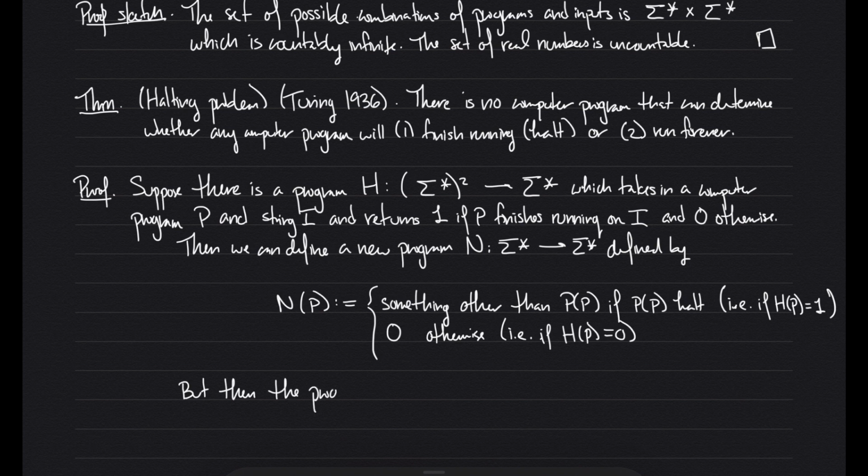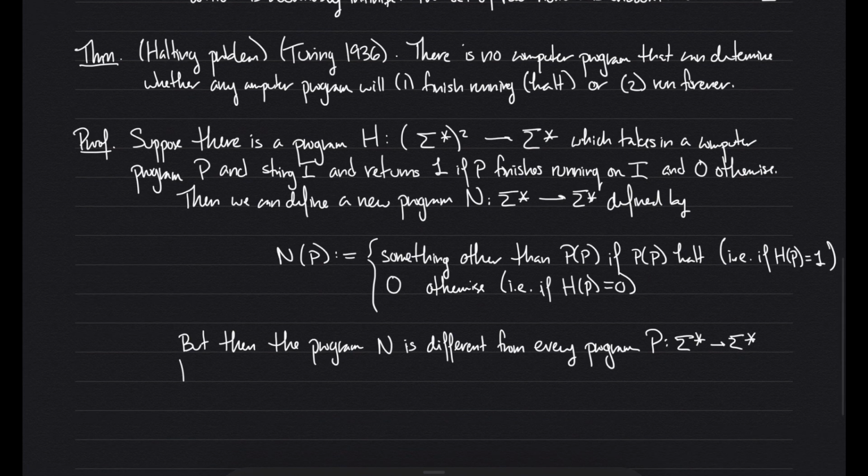But then the program N, so remember N is a program taking input P, so just as a program, N is different from every program P from sigma star to sigma star by design, because it differs from P at the input P, which is kind of weird and paradoxical.